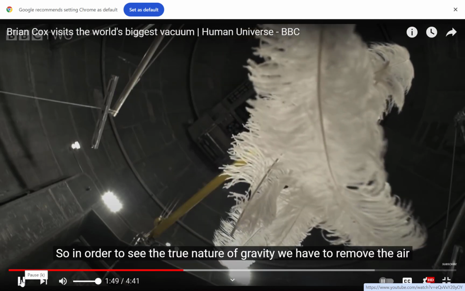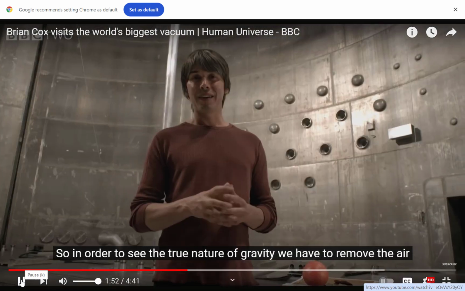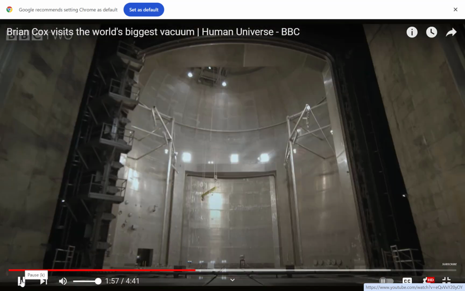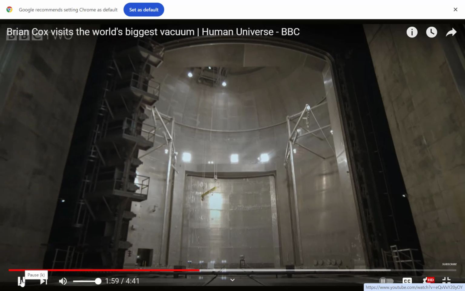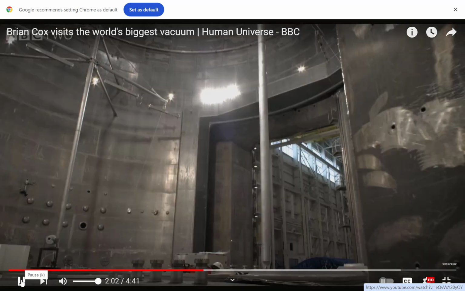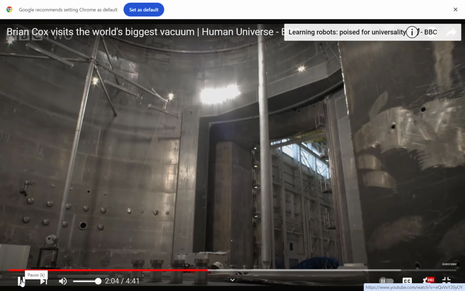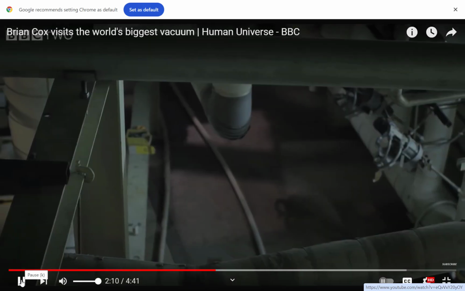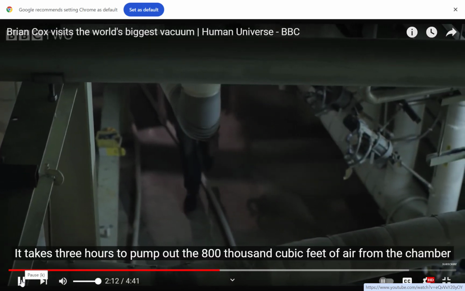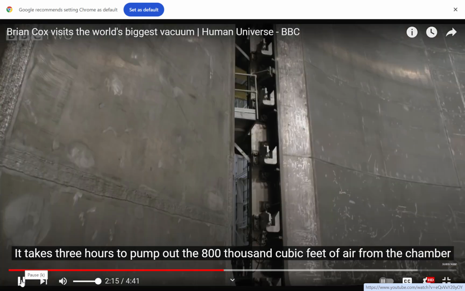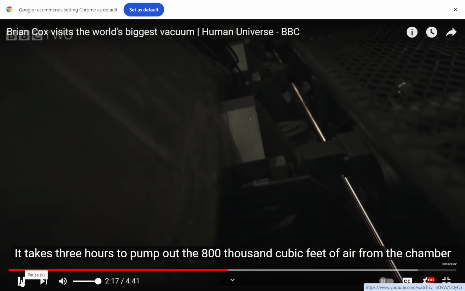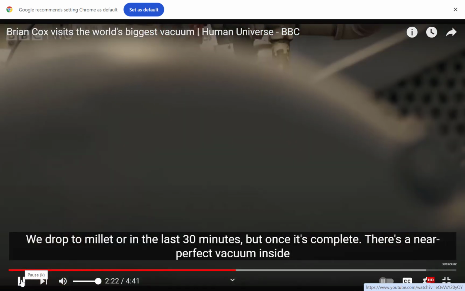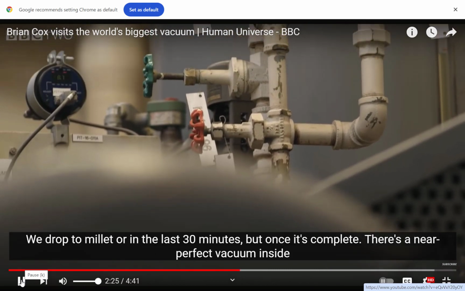So in order to see the true nature of gravity, we have to remove the air. It takes 3 hours to pump out the 800,000 cubic feet of air from the chamber. Okay, we dropped 2 millitorr in the last 30 minutes. But once it's complete, there's a near perfect vacuum inside.